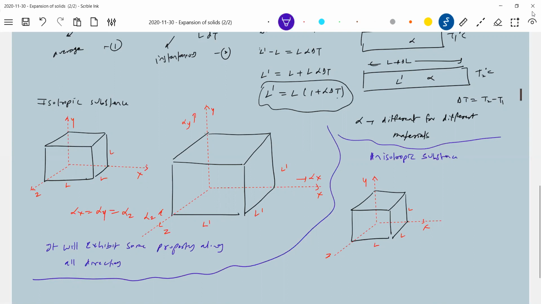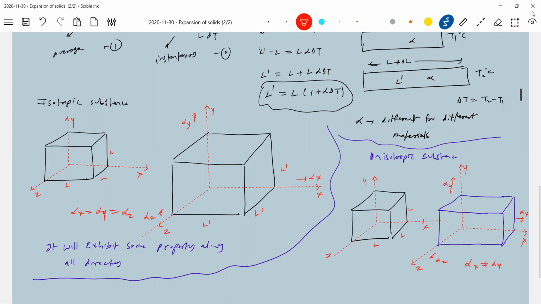It may become a cuboid. This will be alpha x, alpha y, alpha z. Here alpha x not equal to alpha y, not equal to alpha z.